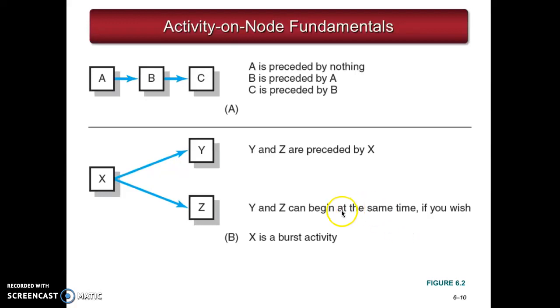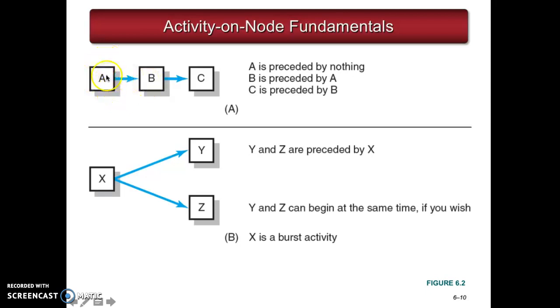Okay, so here are a few more examples. Y and D are preceded by activity X, so X is a burst activity. Here on the top, A is preceded by nothing, so it's a starting node.